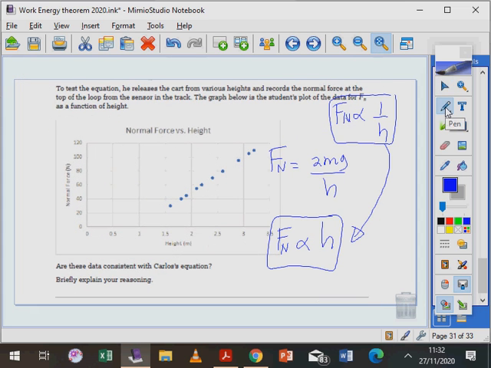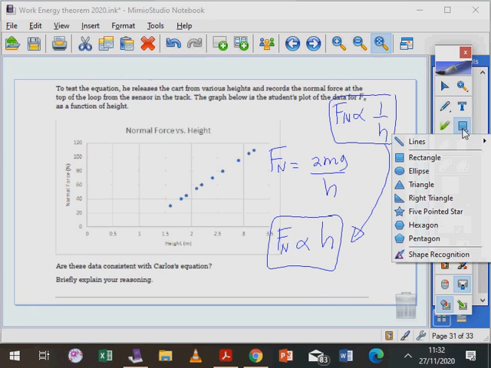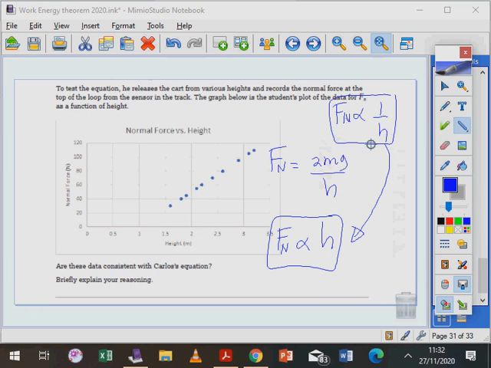Are you guys seeing that graph? You guys all seeing that graph? If I try to draw a line of best fit through these points, where does it touch the x-axis?